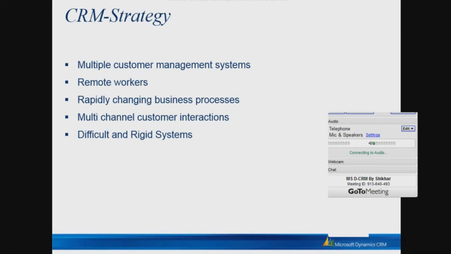You have options of email, appointments, phone calls, tasks. So all of this should be well built within a CRM software. And as it's always a norm with every software, it should be able to handle a complex and rigid system.